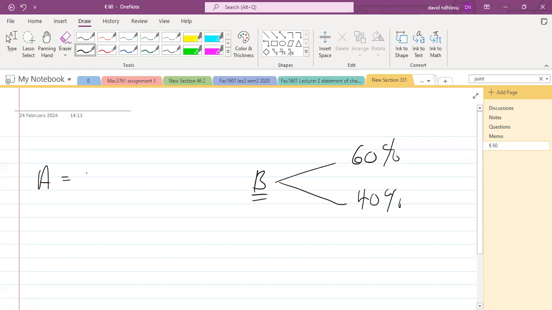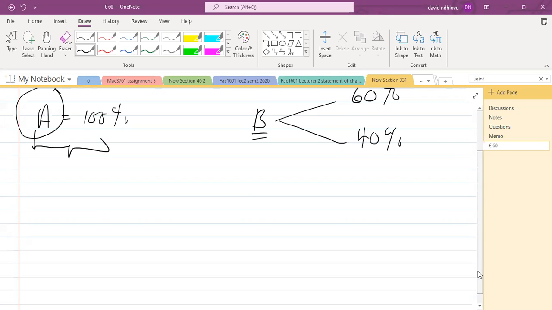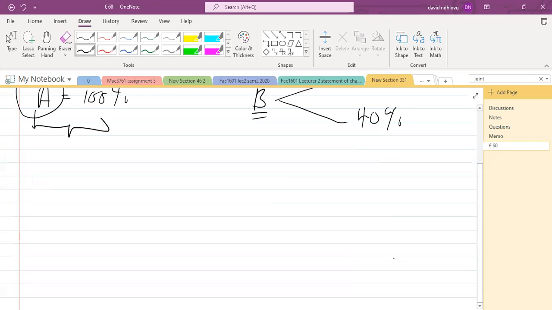Remember, I'm the owner of this company. I own 100%. I'm the only shareholder there. So when we look at A and we want to know the total value of the entities under the control of A, it will be 100% of A, plus 60% of what? Of B. So I own 100% there, I own 100% there.